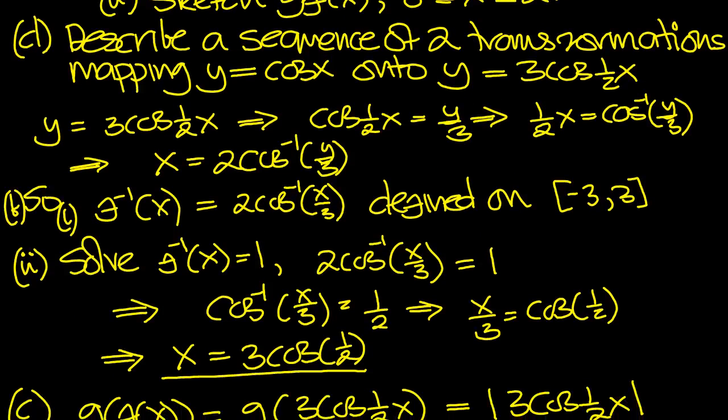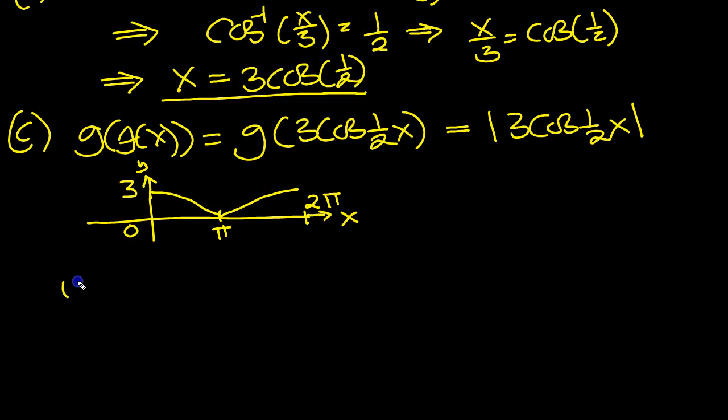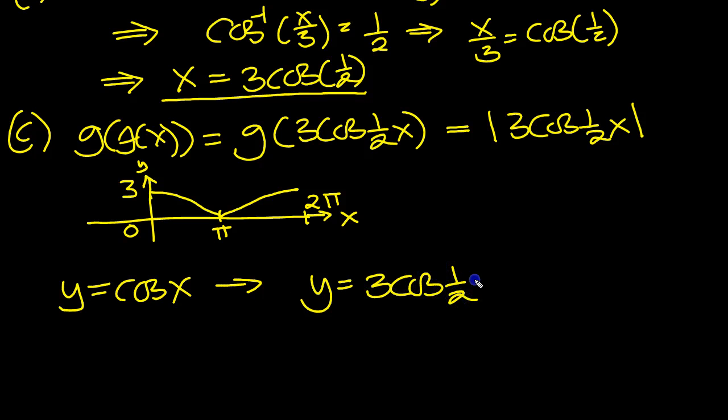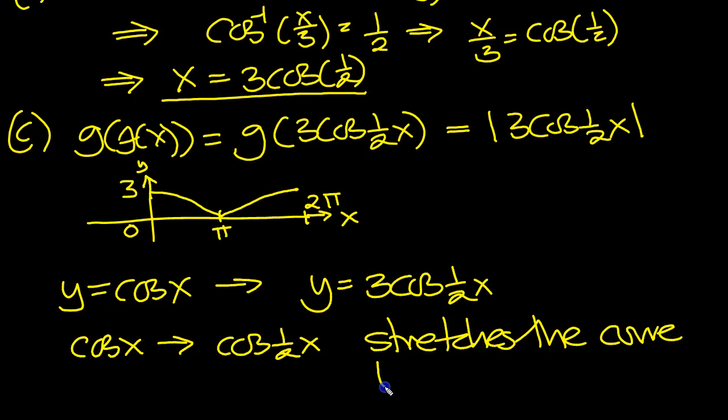Okay, so we've done that then, and then describe the sequence of 2 transformations, so it's a separate problem now for part D. Mapping y equals cos x to y equals 3 cos half x. So y equals cos x maps to y equals 3 cosine half x. So cos x going to cosine half x stretches the curve by a factor of 2, doesn't it?